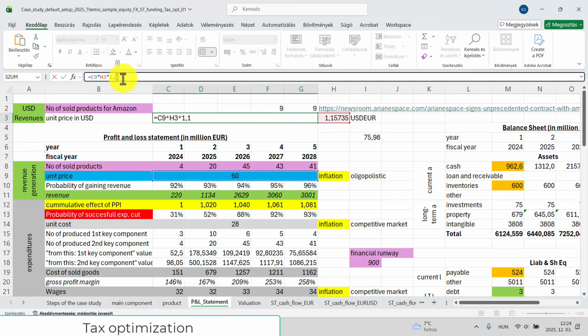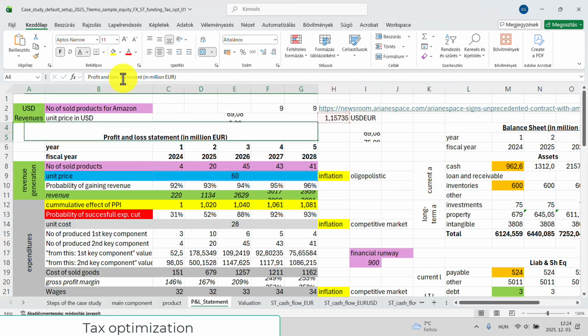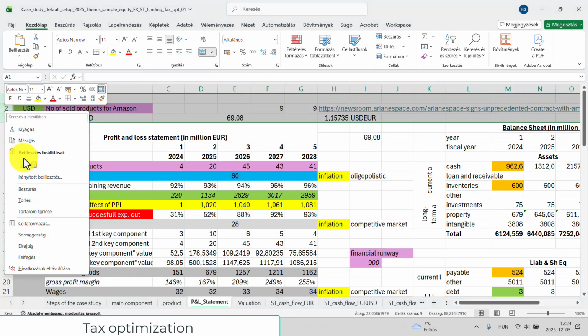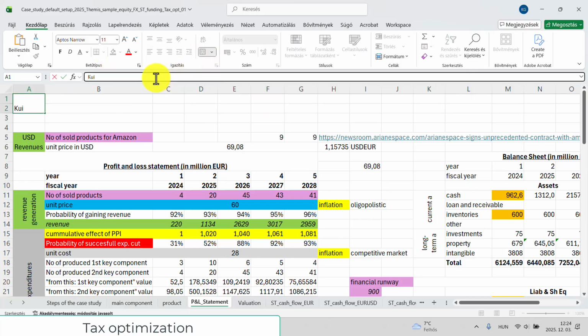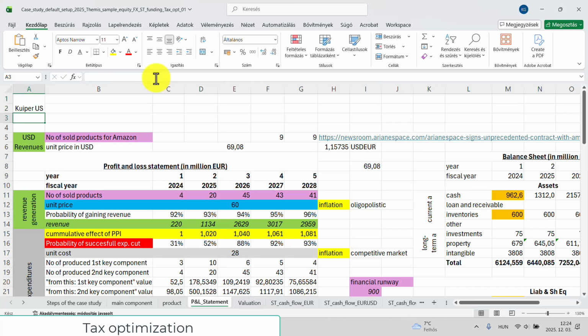Okay, so we are redirecting the funds, so we can save 10%, and then the 10% will be redirected. Let's add additional rows here because now we have the Kuiper US monstrosity entity. So what is the revenue for this thing?